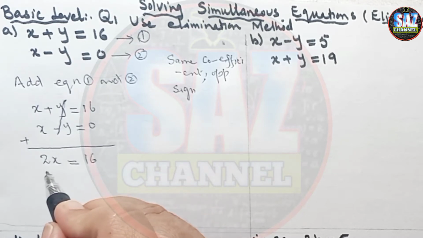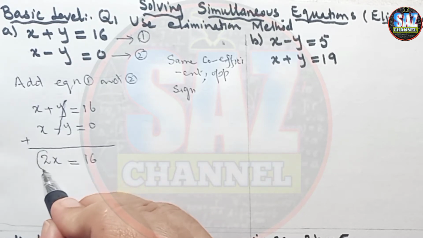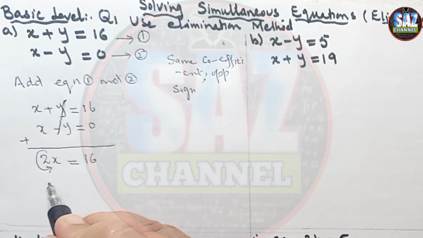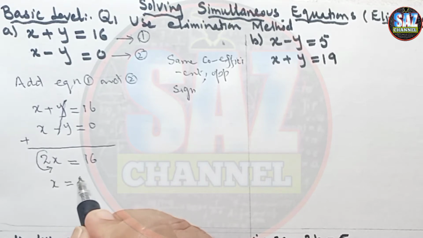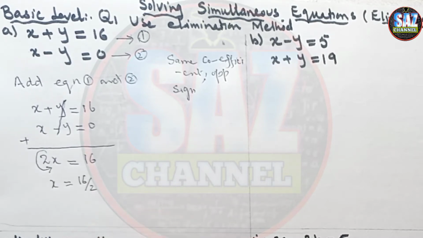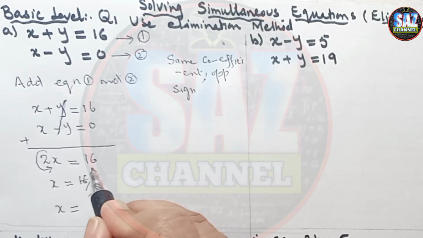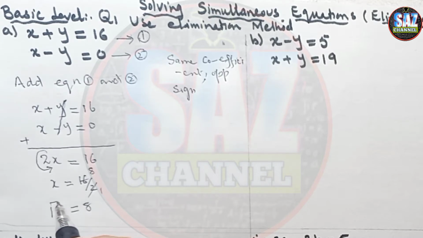Now in order to get the value of x, I have to shift 2 to the other side. x will be equal to 16 by 2, and reading the tables, 2 eights are 16, so x will be equal to 8.